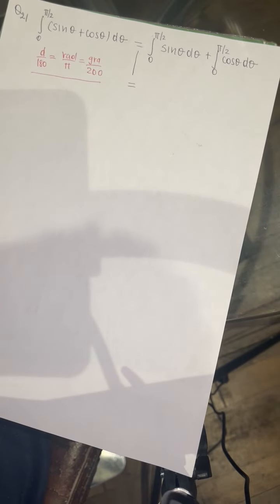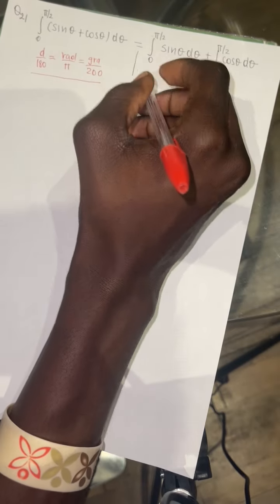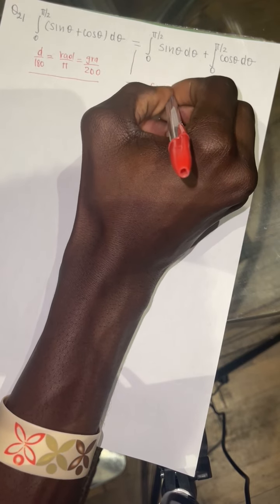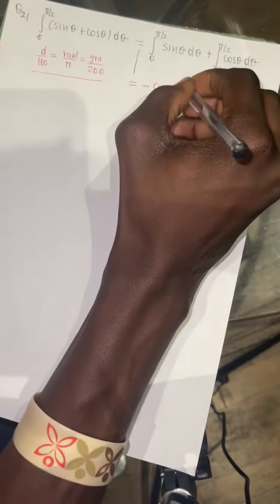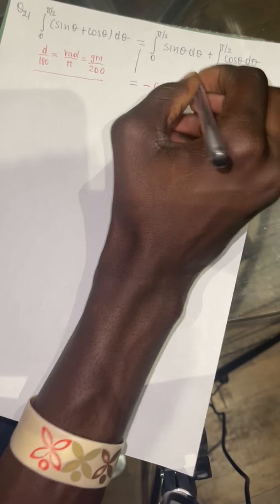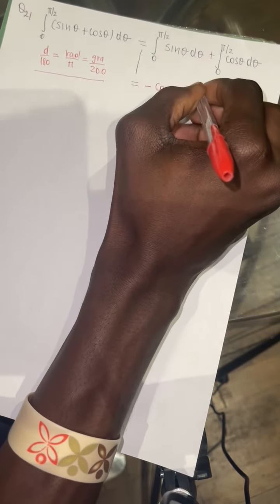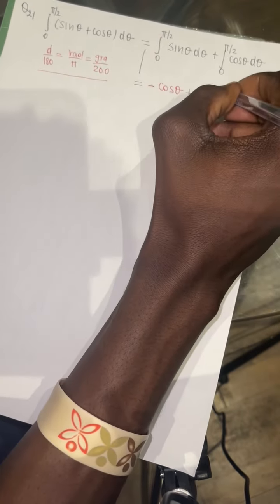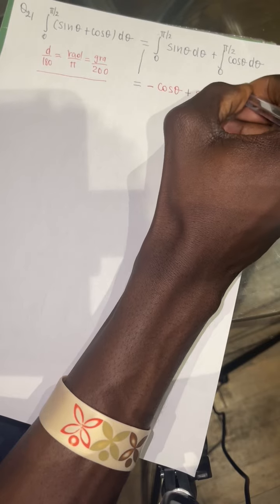So what you will do is, the integration of sine is just the opposite, which is going to be negative cos theta. And the integration of cos is just going to be plus sine theta. And the limit is going from 0 to pi over 2.